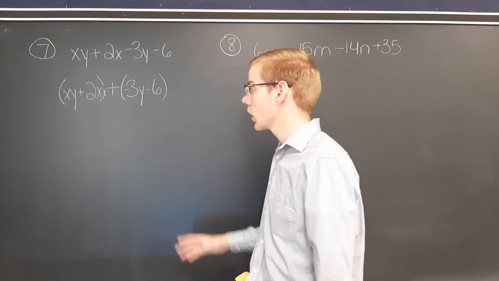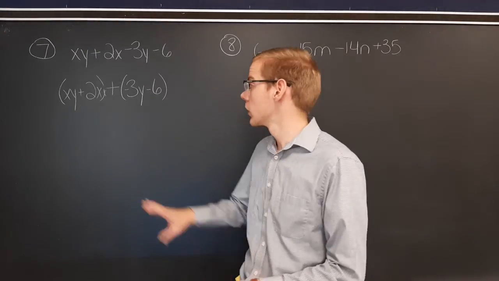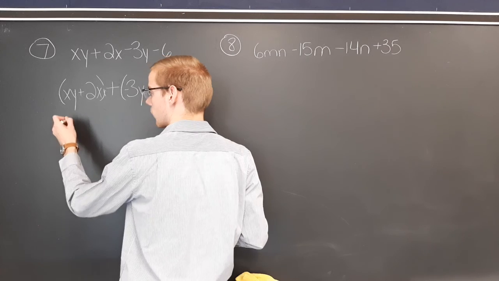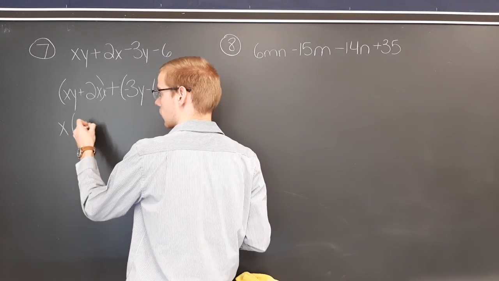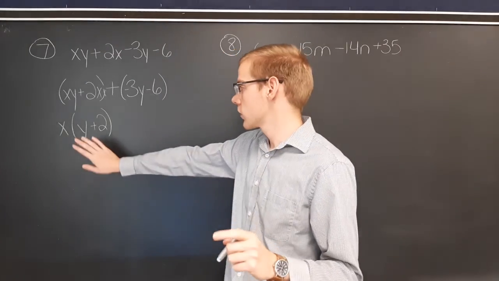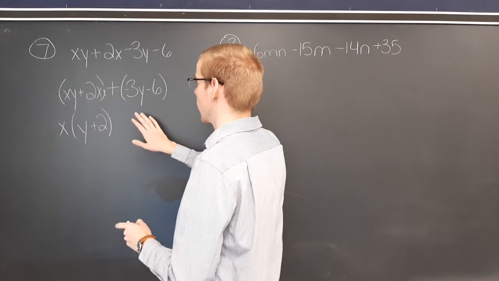Okay, now let's find the GCF of both of them. What's the greatest common factor in here? X. Then we have a y left plus 2. Now watch. This set of parentheses and this set of parentheses should remain the same. Turn out the same.